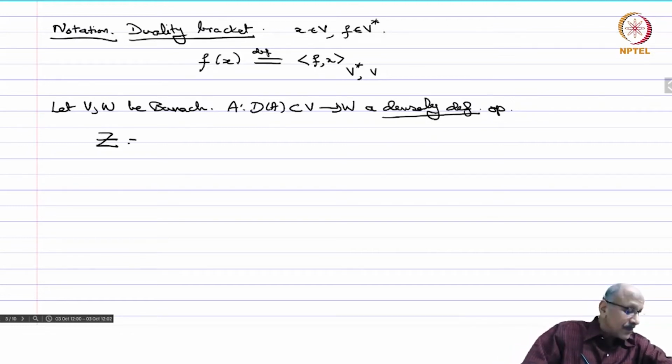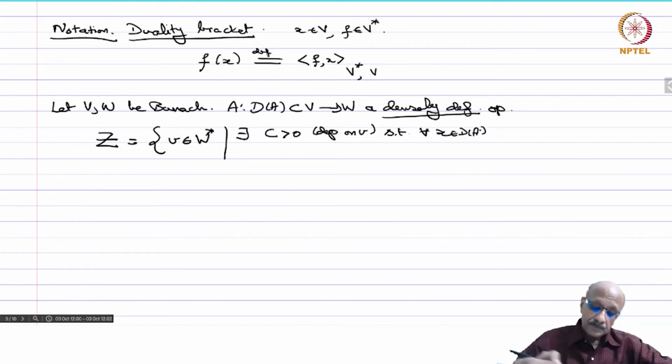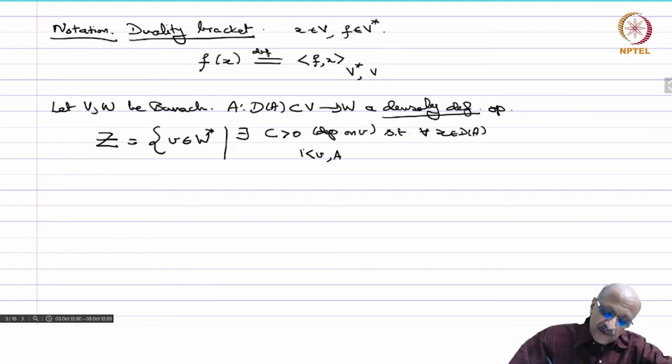So Z is equal to the set of all v in W star such that there exists a constant C positive, which of course depends on v, such that for all x in D(A) we have mod of the bracket of v, Ax is less than or equal to C times norm x.